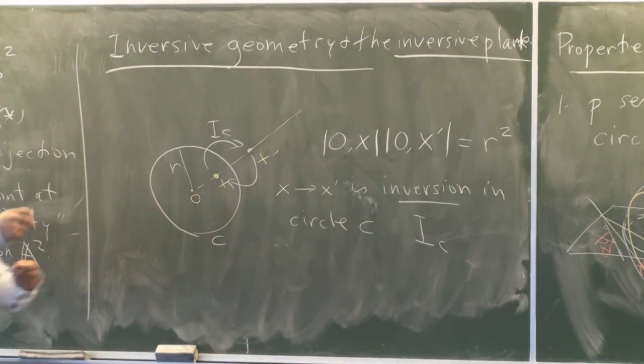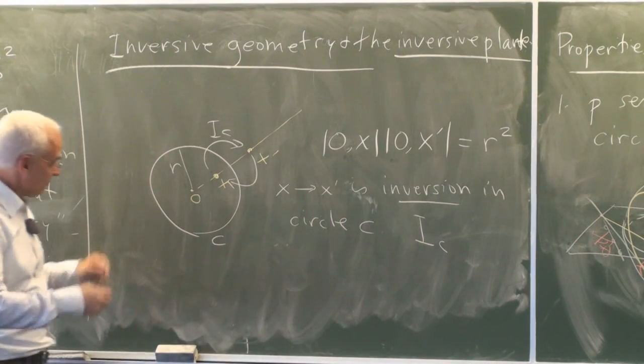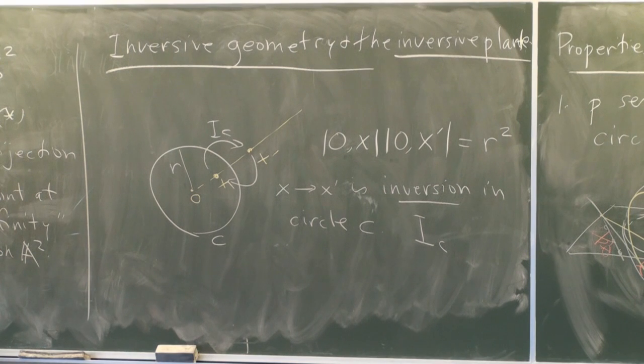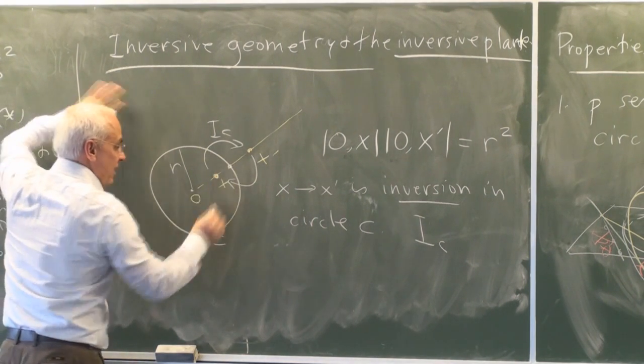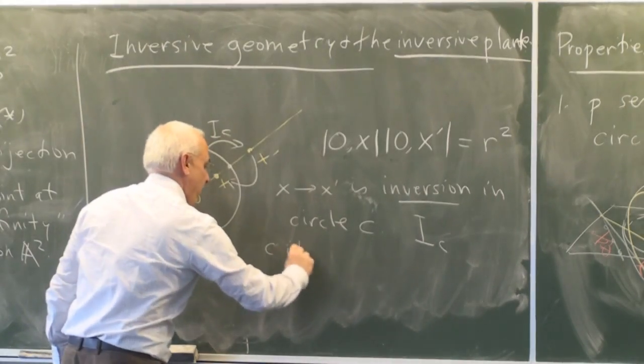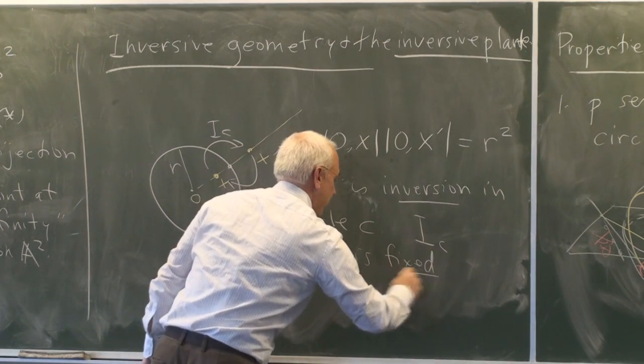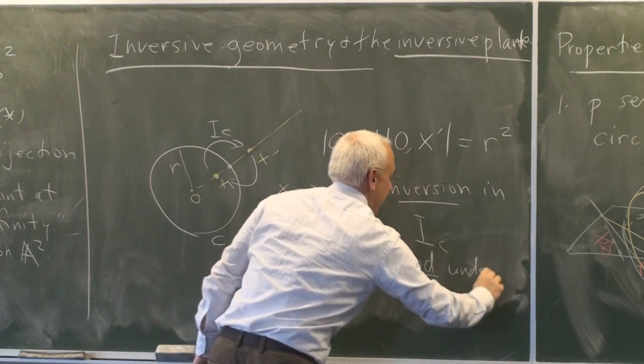It's an involution in the sense that if you do it twice, you get back to where you started. Now, some properties of the inversion, which is a very interesting and important geometrical transformation: it obviously leaves the circle itself fixed. C itself is fixed under I of C.